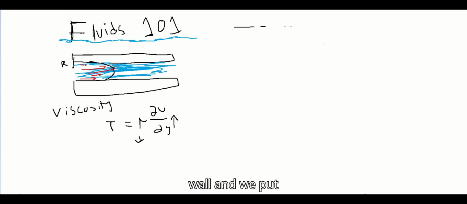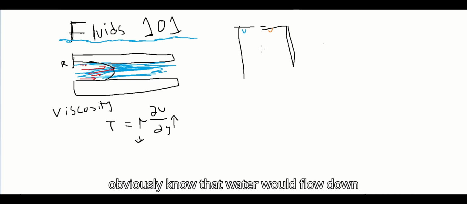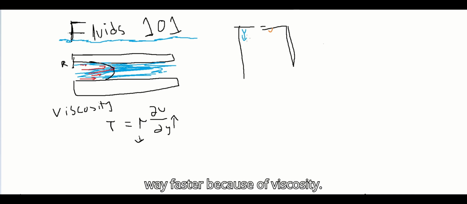So if we had a wall and we put water versus honey, then we obviously know that water would flow down way faster because of viscosity. So a fluid with low viscosity will exhibit a larger velocity gradient, a larger deformation rate.